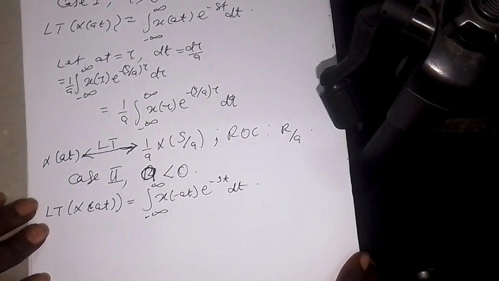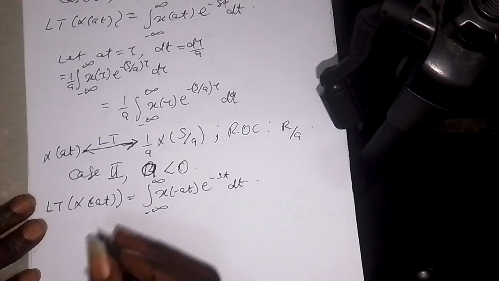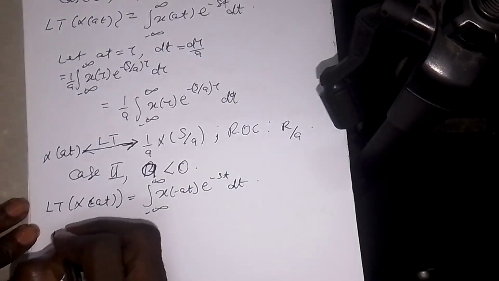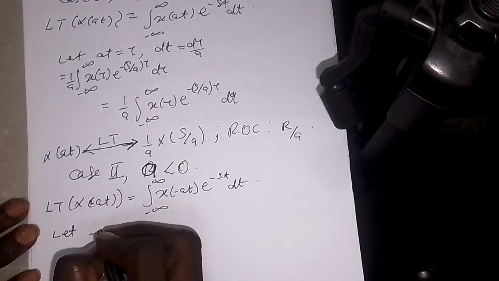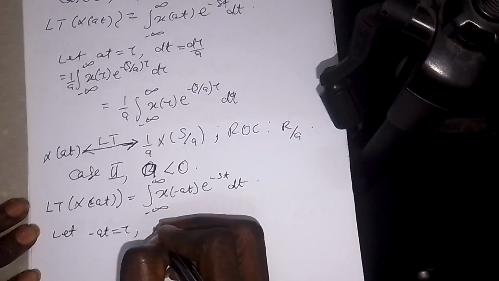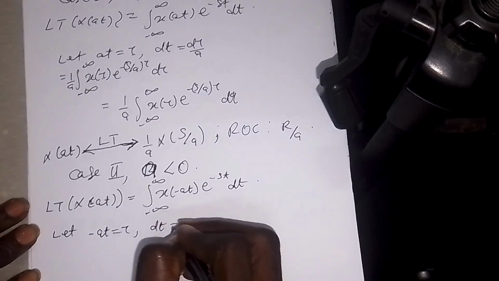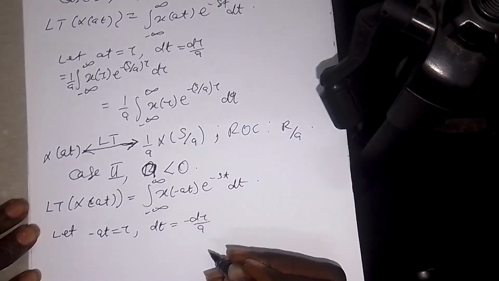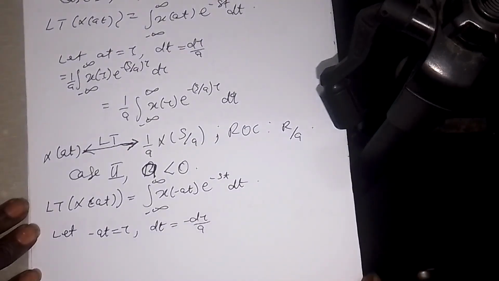Here, what I can say is, let minus at equal tau, so that dt is equal to minus d tau over a.